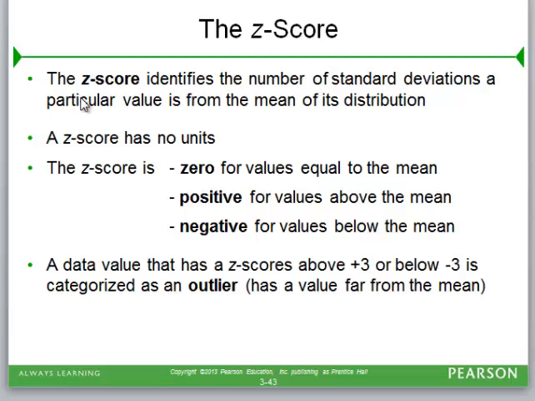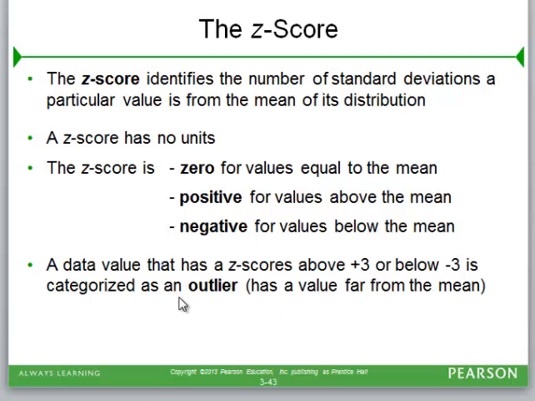The z-value identifies the number of standard deviations a particular value is away from the mean of its distribution. So the z-value is 0 for the values equal to the mean, because we are measuring the difference, so no difference, then it's 0. It is positive for the values above the mean, negative for the values below the mean. A data value that has a z-value above +3 or below -3 is characterized as an outlier.